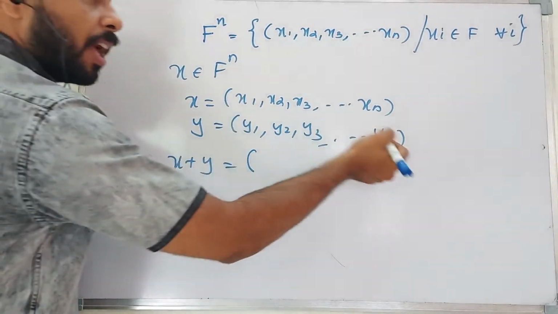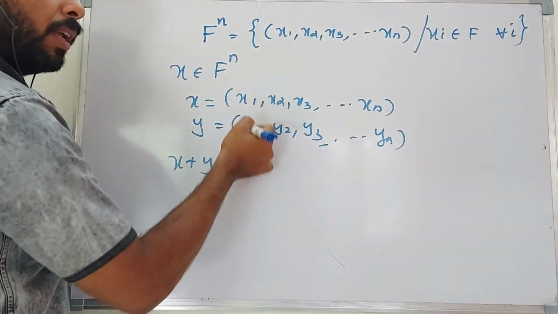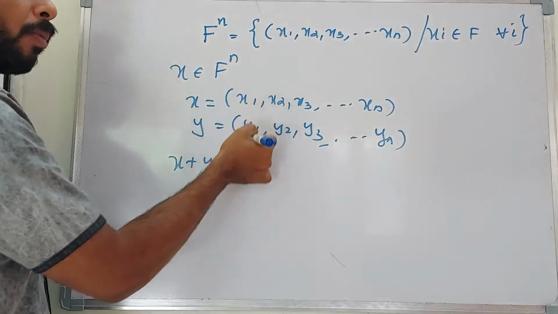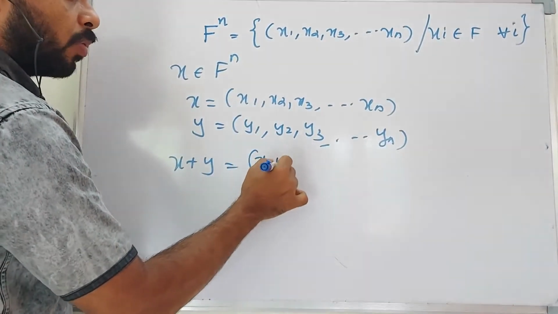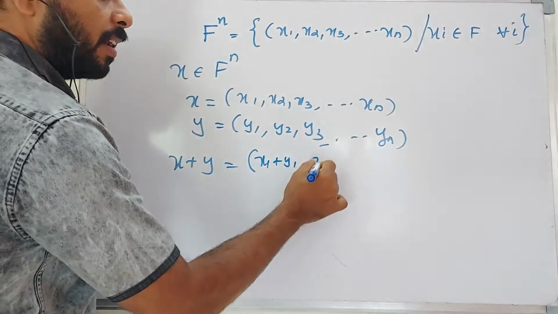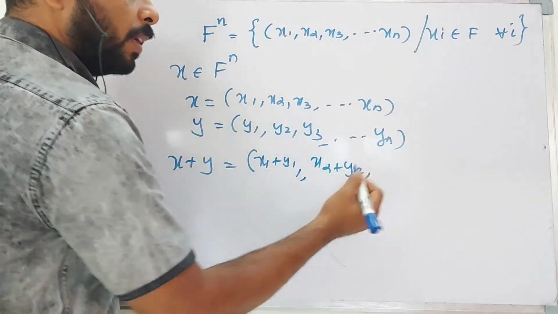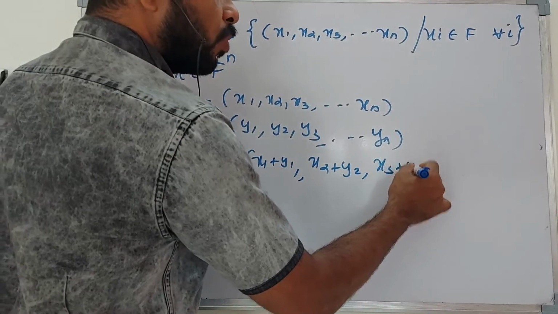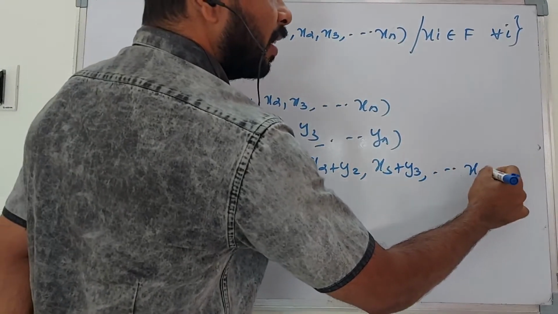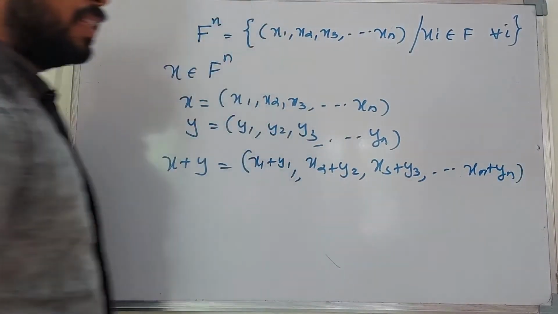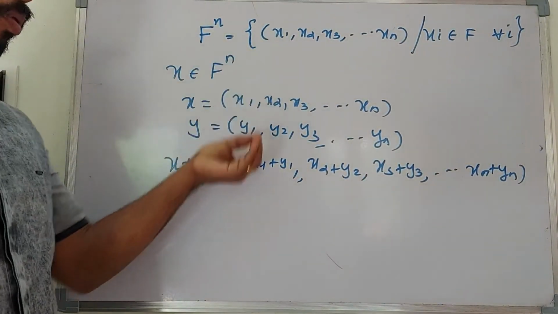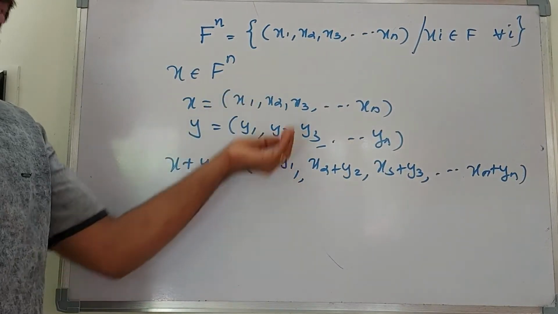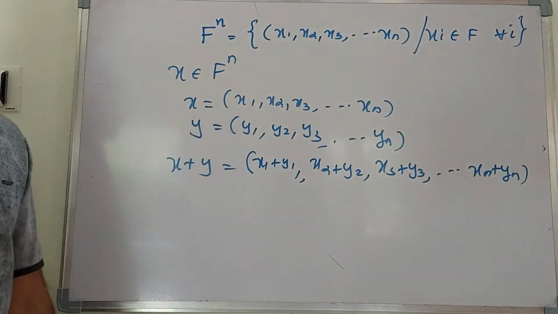It is an n tuple with entries that are the sums of the corresponding entries of x and y. So the first entry is x1 plus y1, the second is x2 plus y2, the third is x3 plus y3, etc. The nth entry is xn plus yn. This is the addition: adding the corresponding coordinates of the given elements, we get x plus y.